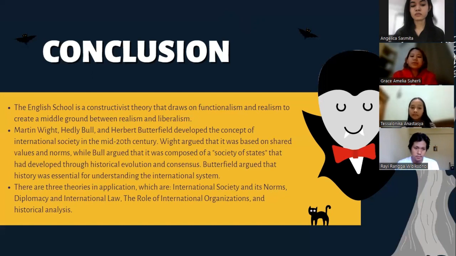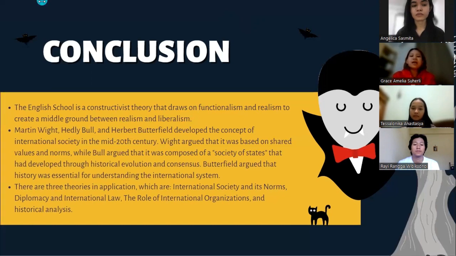Wight argued that it was based on shared values and norms, while Bull argued that it was composed of a society of states that had developed through historical evolution and consensus. And then the last one, Butterfield argued that history was essential for understanding the international system.